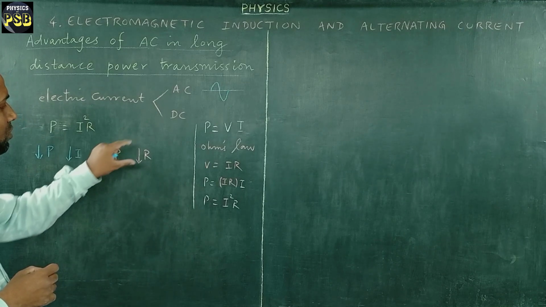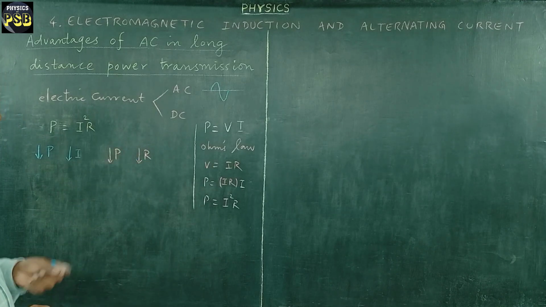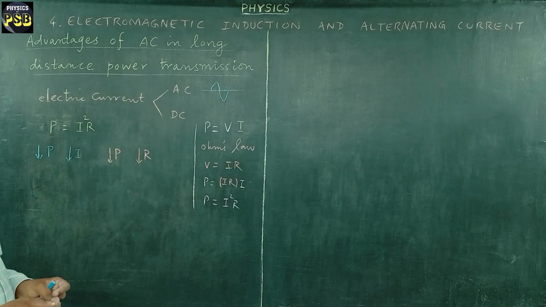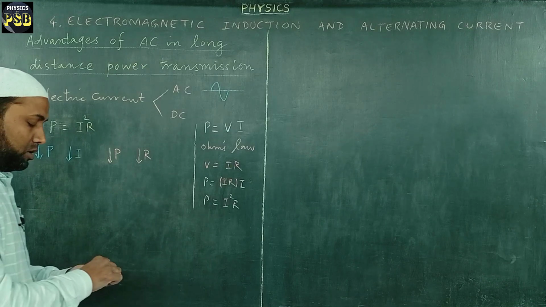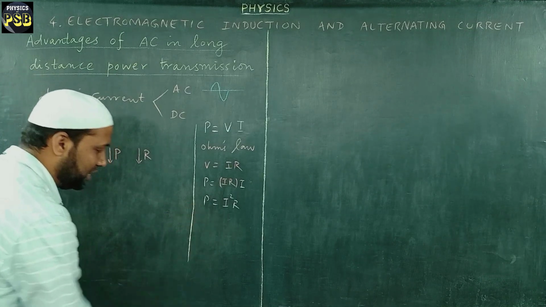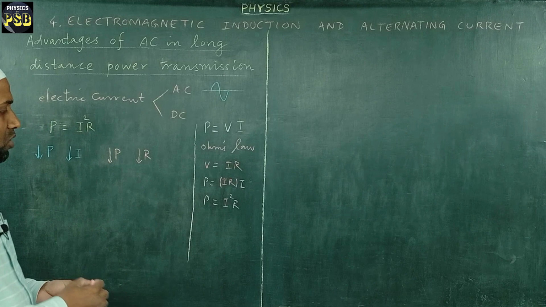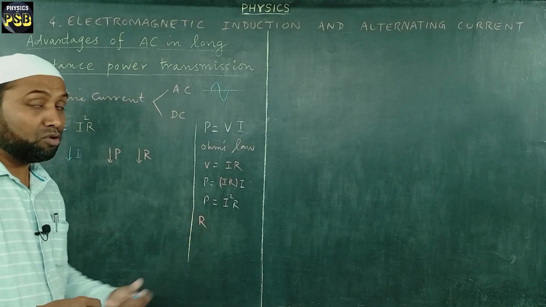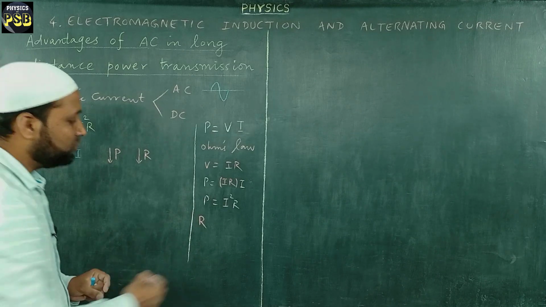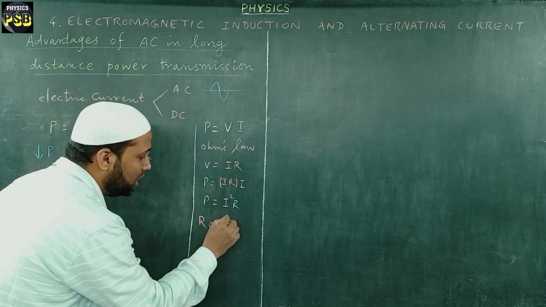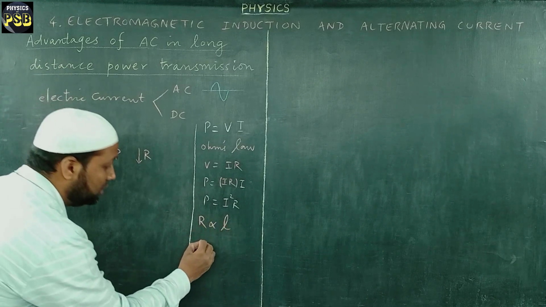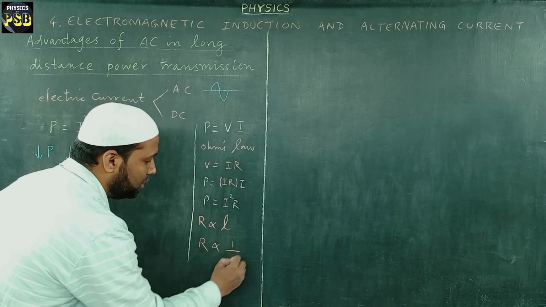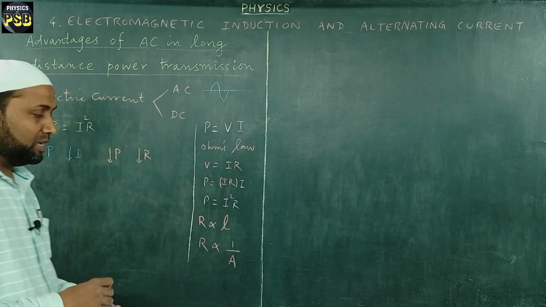What has to be done to reduce the value of R? So I told you we pass the electric current through a wire. Now, the wire is a kind of a conductor. We have studied long ago that R, the resistance offered to the flow of current by a conductor, is found to be directly proportional to the length of the conductor, and it is also inversely proportional to the area of cross section of the conductor.